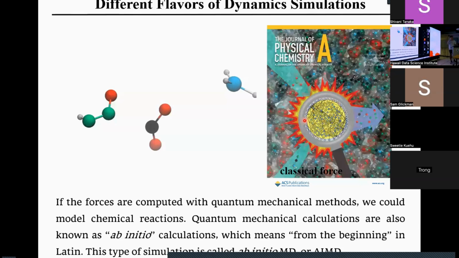That is from the ground truth, which is why it is called from the beginning, or ab initio. So this type of simulation is called ab initio molecular dynamics simulation, or AIMD.